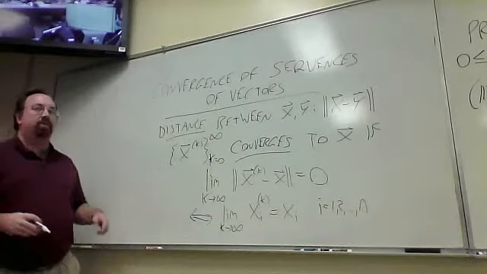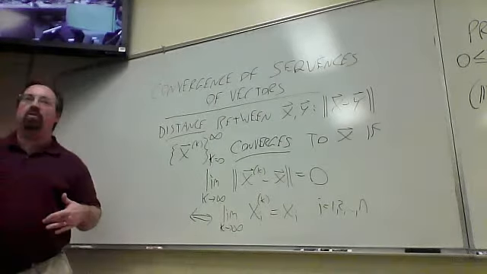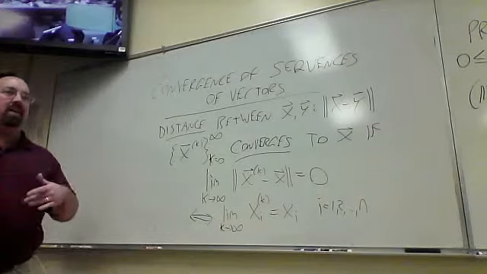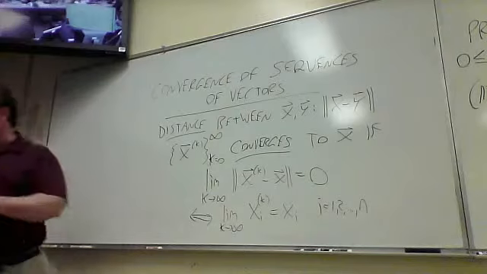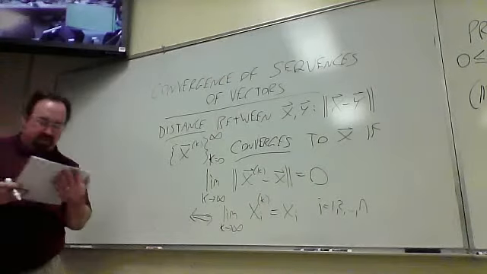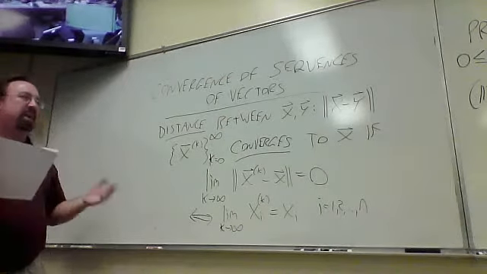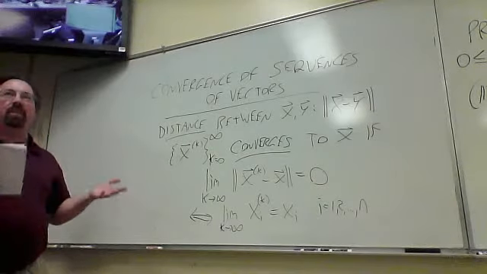So convergence of the entire vector is equivalent to component-wise convergence for all components, which is pretty much what you'd expect. And it comes from the fact that a norm is 0 if and only if the vector itself is 0.